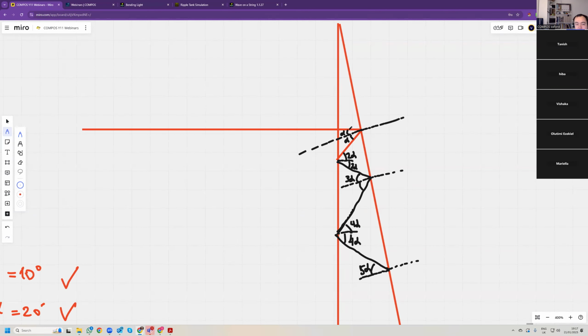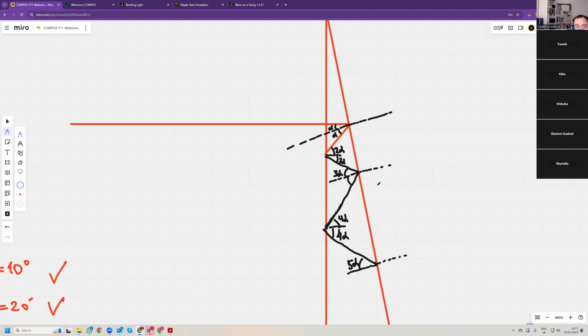So first reflection is alpha. Second is 3 alpha. So in the first instance, you have refraction. In the second instance, you still have refraction. In the third instance, you don't have refraction. You only have reflection.